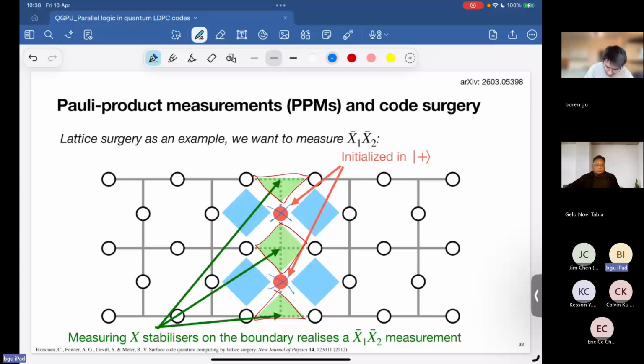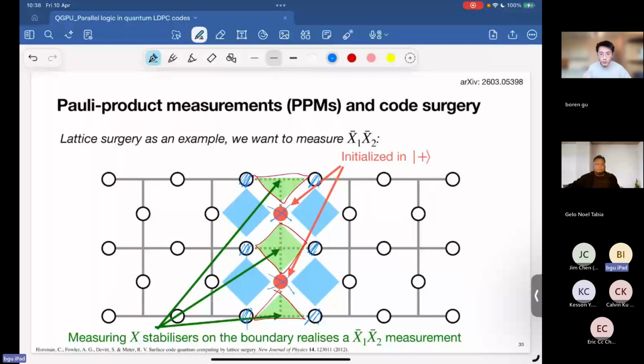And the thing that you are really measuring are 1, 2, 3, 4, 5, 6, which are the two boundaries of the original patches. And as you consider their product, you get the product of the two logical operators.